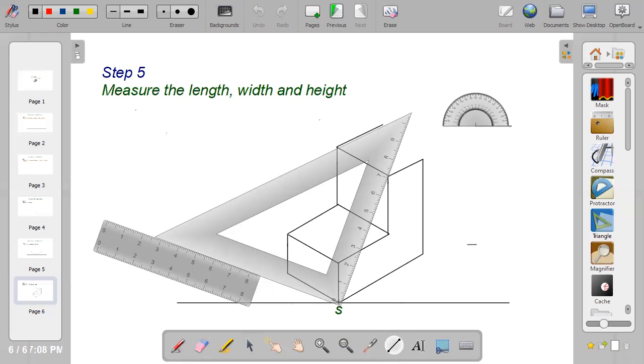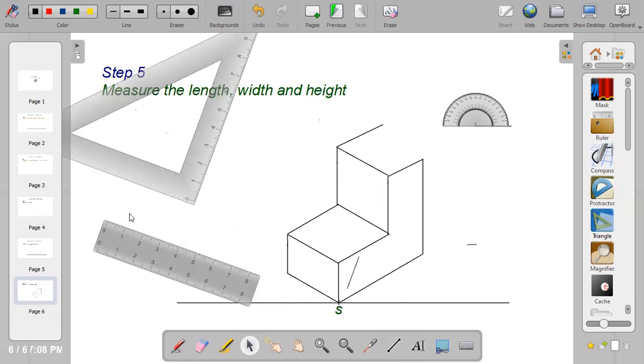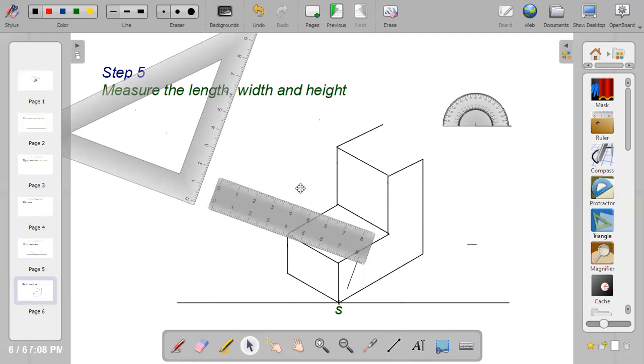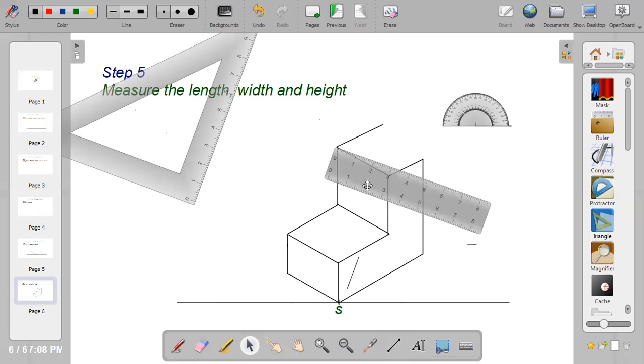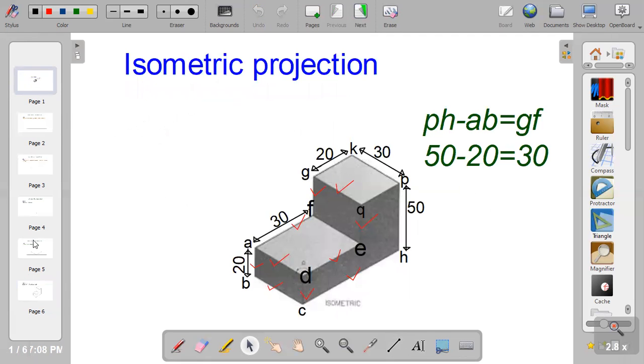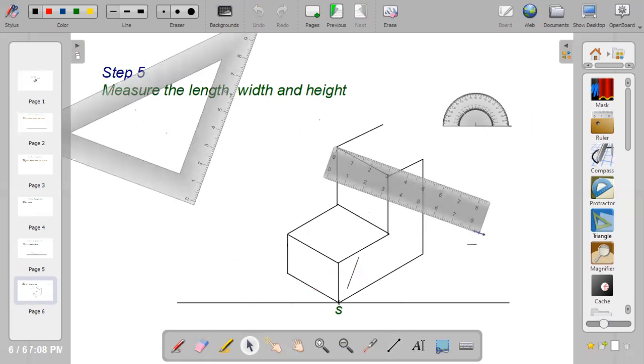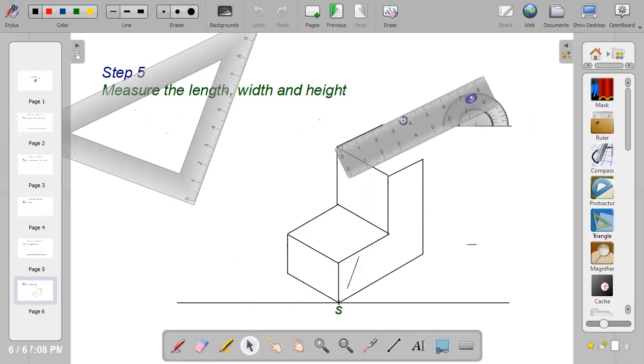After drawing the line, bring out your ruler again to measure the line. From the drawing, it's given as 20. So I'll make sure it's equal to 20. It's more than 20. I'll erase the remaining part and remove my ruler.